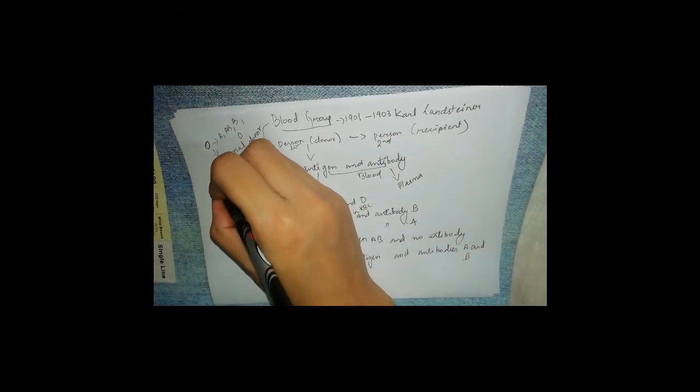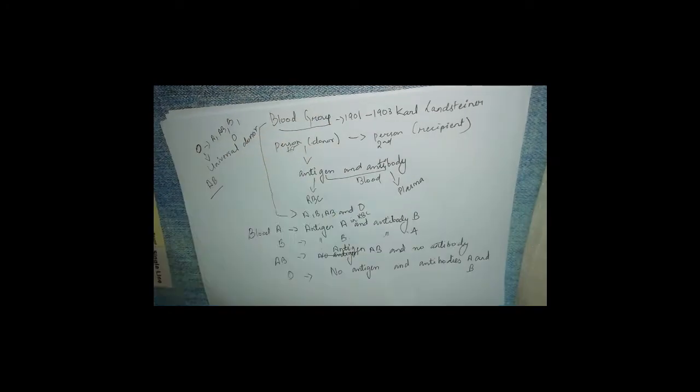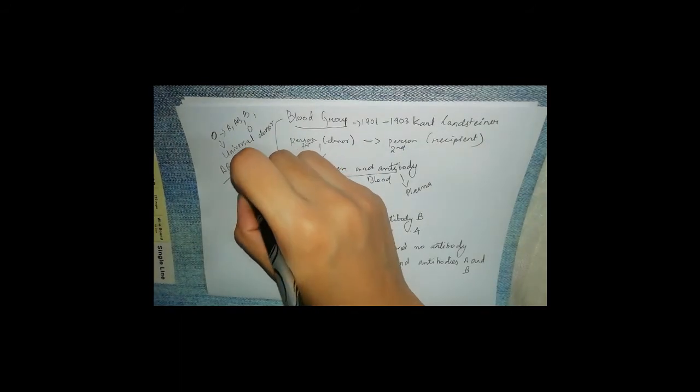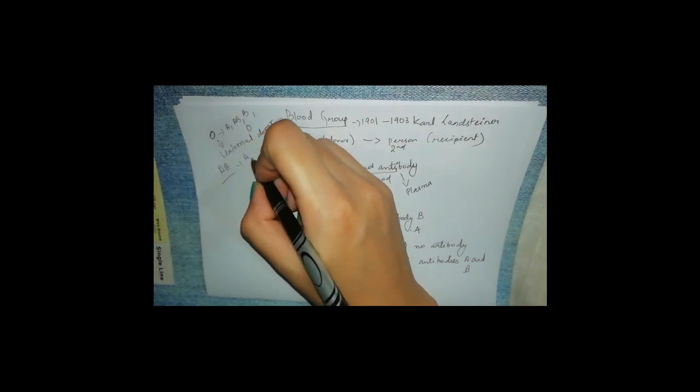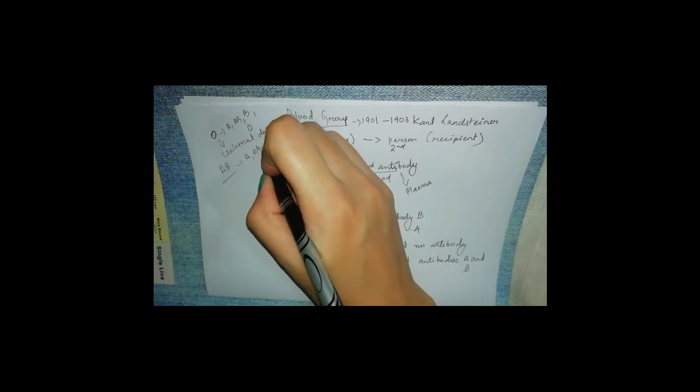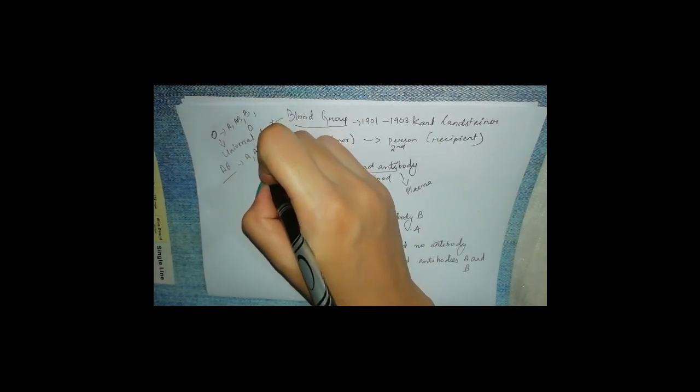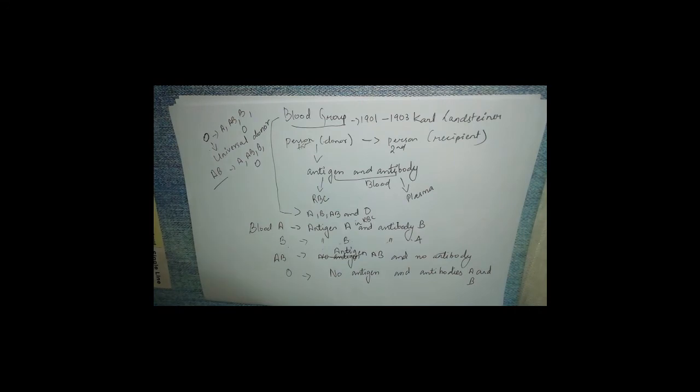Then blood group AB can receive blood from any type of blood group. They can receive blood from A, AB, B and O. They will have no problem, and there will be no clumping of blood.